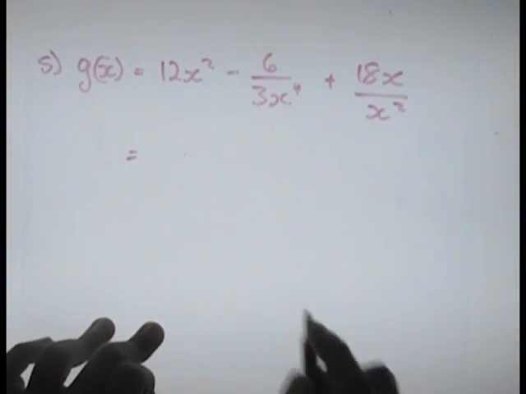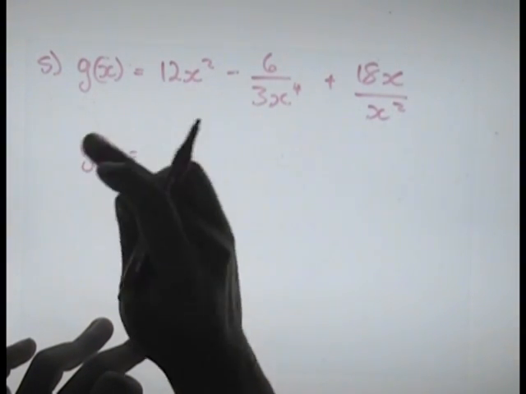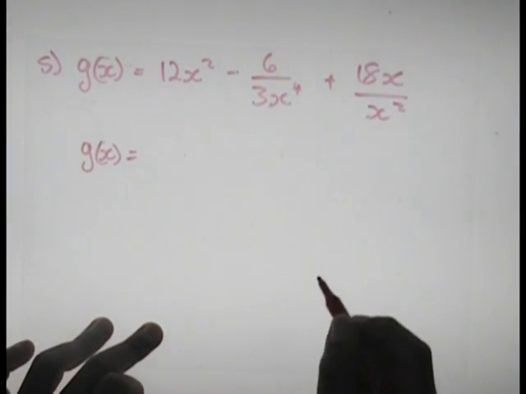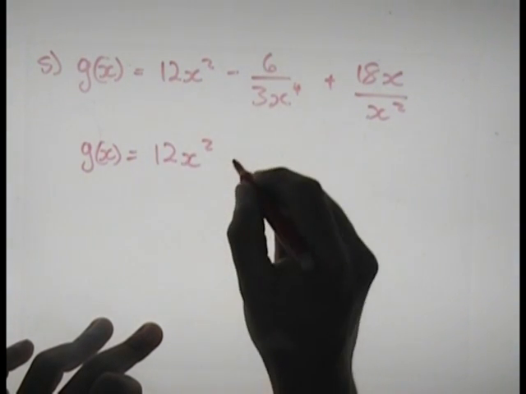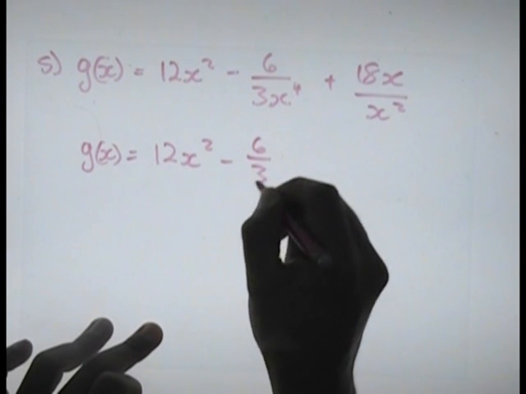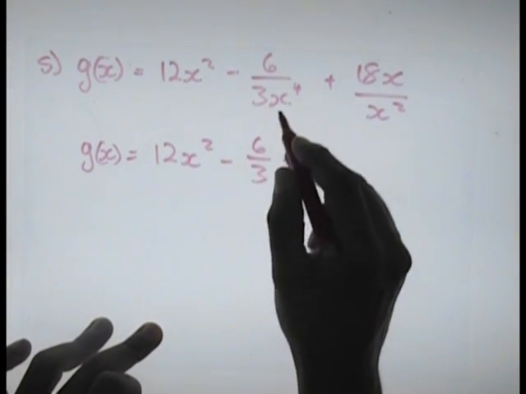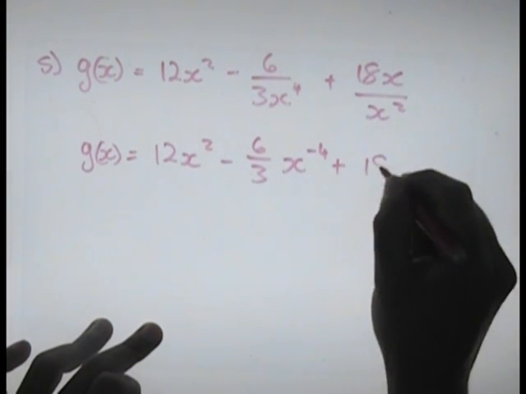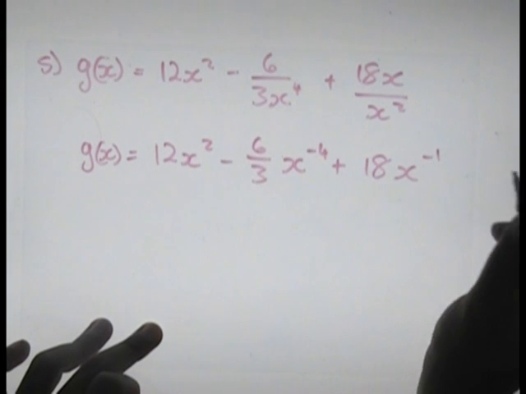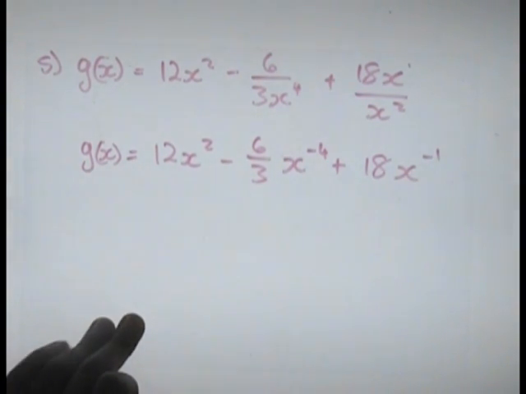Again, with this question here, I'm going to start by changing the form of this. This will stay as 12x squared minus 6 over 3 x to the power negative 4, because I've taken it out of the denominator, plus 18 x to the power negative 1, because that's 1 minus 2, which is negative 1.